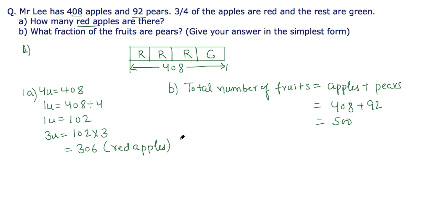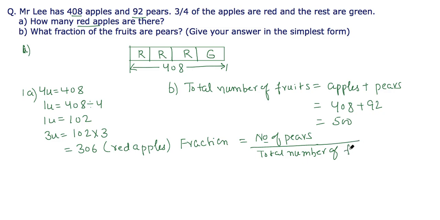When we have to find what fraction of the total fruits is pears, how do we find it? In the numerator it will be the number of pears, divided by the total number of fruits.